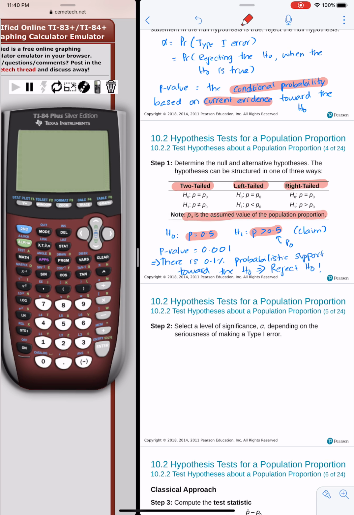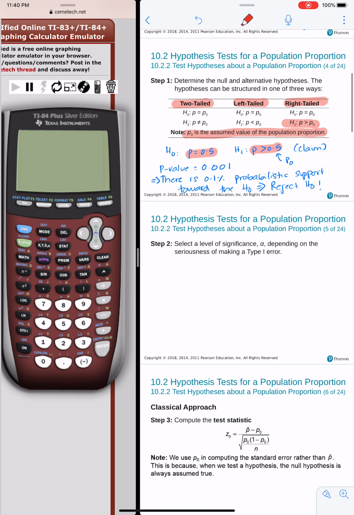If we read the claim statement, we are claiming that the population proportion is greater than P0, which is 0.5, so we will pick a right-tailed test.